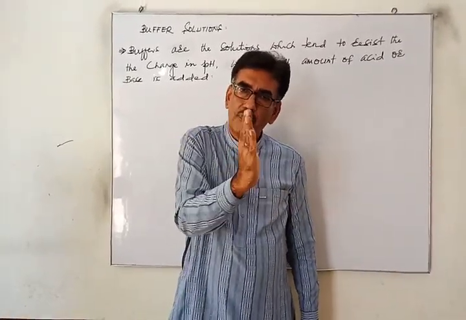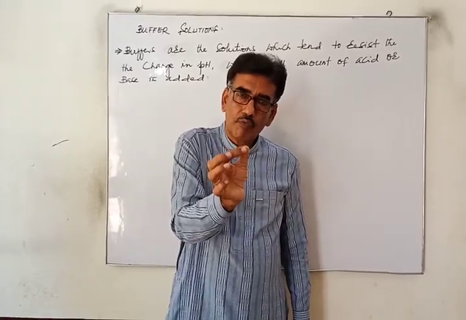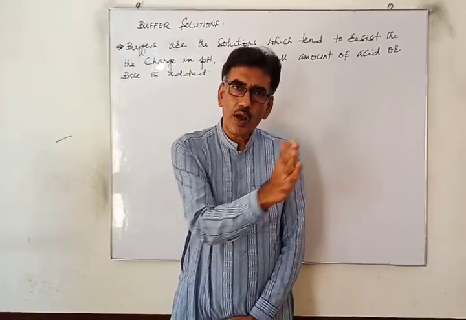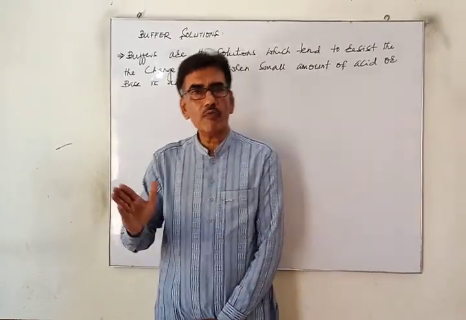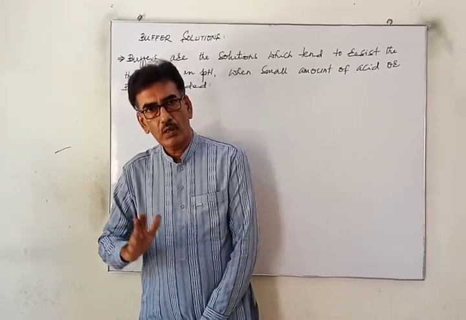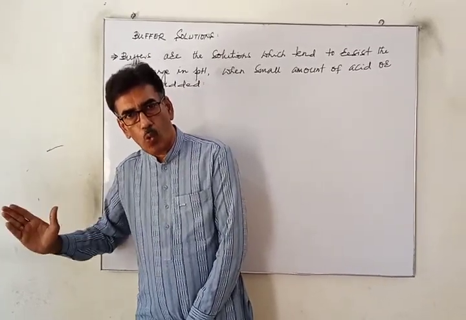If you put a few drops of hydrochloric acid in water, you can find a sudden fall of pH from 7 to 6, 5, 4, 2.